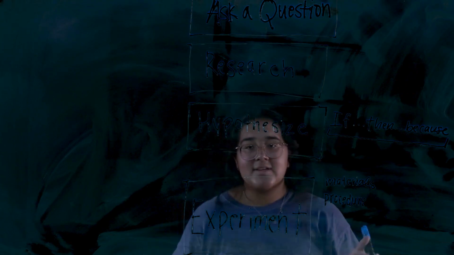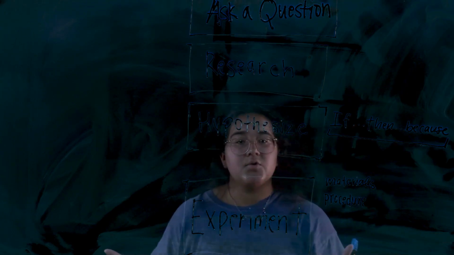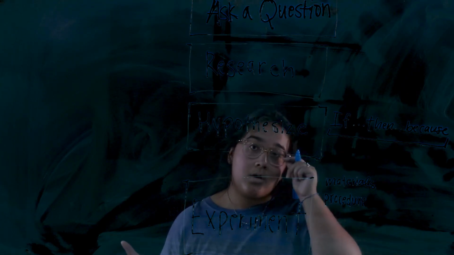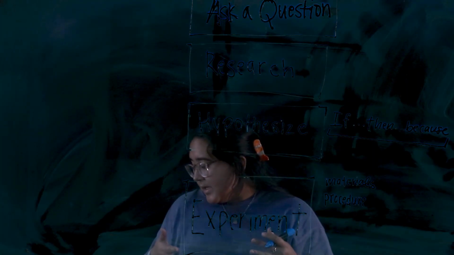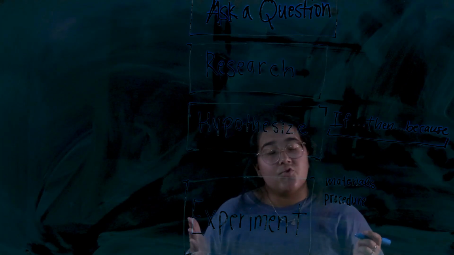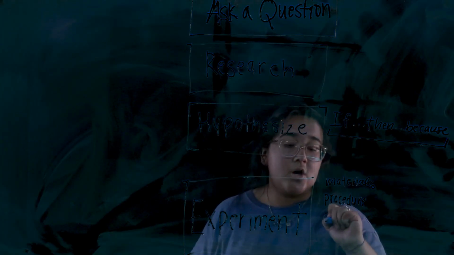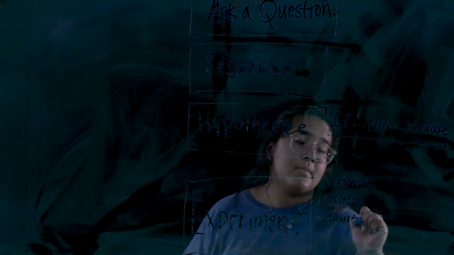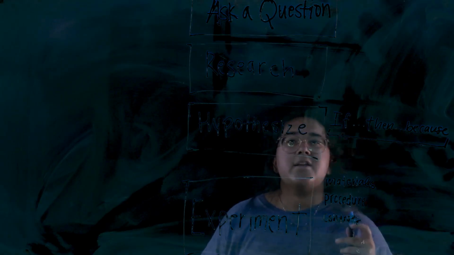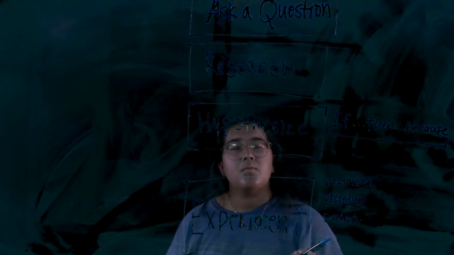And of course, you're going to have examples of this like when we do it in class. So you're not going to be totally on your own for the verbiage that's used. So you're also going to include controls. Controls are what you keep the same, or what gives you a baseline for what you're testing.